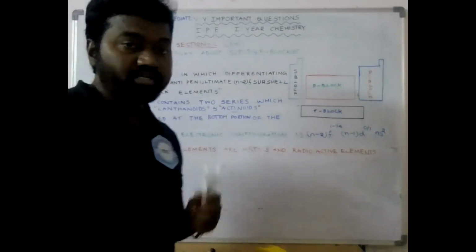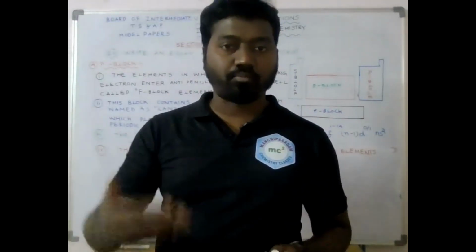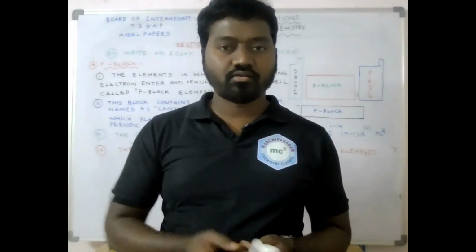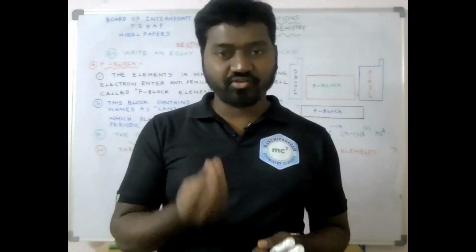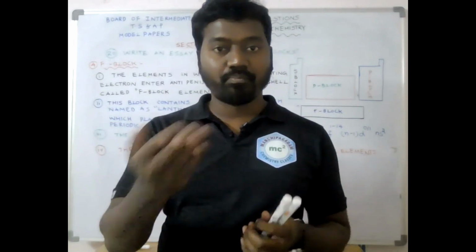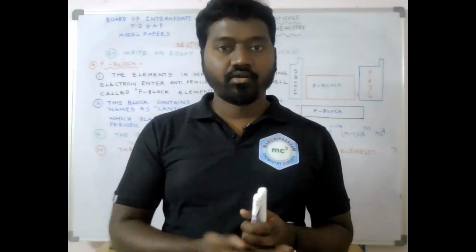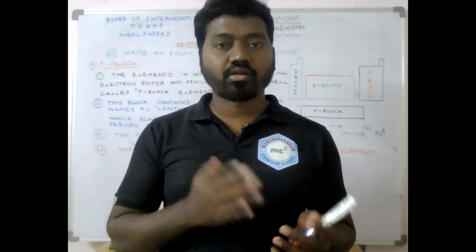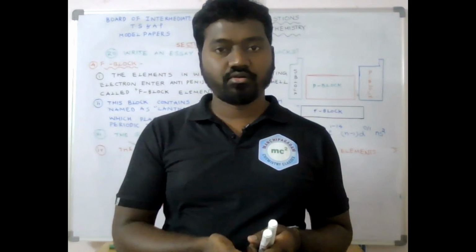So if you understand what is s block and what points we are writing in s block, the remaining three you can write with slight differences. The main difference is the general electronic configuration and the place where they have the differentiating electron, penultimate and anti-penultimate, the number of groups and what those groups are.